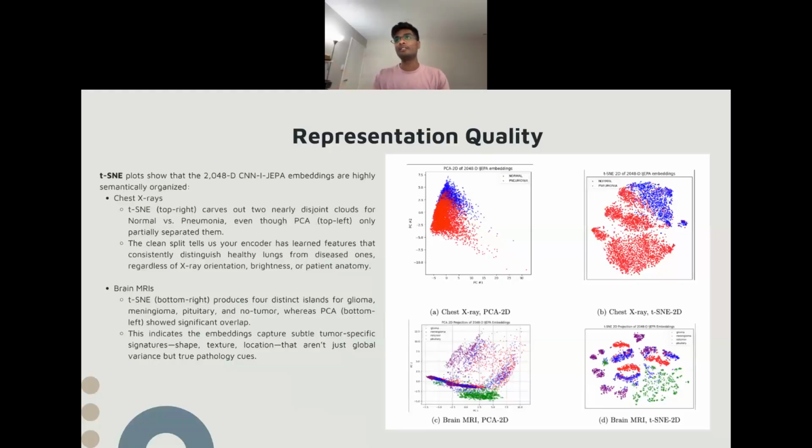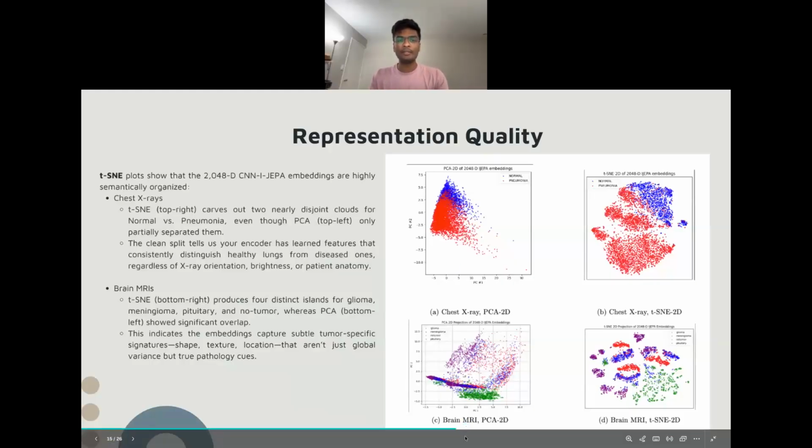If I extend this using t-SNE as well, which captures non-linear structure, we can see the separation clearly. The clusters are very compact, and samples belonging to the same class are very close to each other.